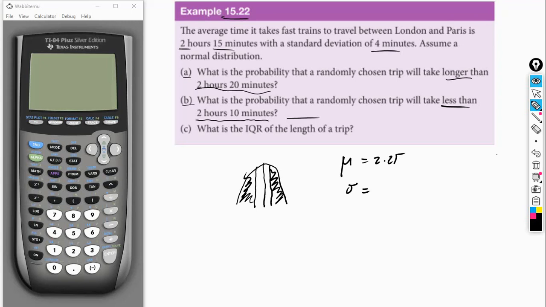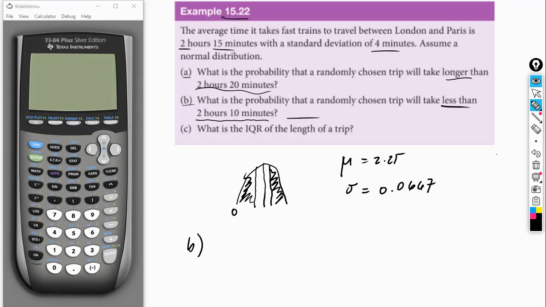So dividing 4 by 60, it's going to be 0.0667 hours. So we said we're going to do B first because it's easier to find the normal cumulative distribution function from left to right because we can start with 0 and end at 2 hours and 10 minutes. So let's do B first.